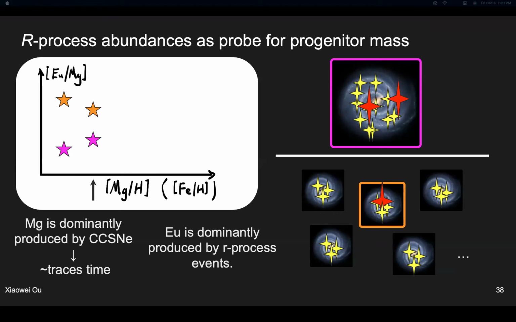But overall, we expect a net increase in europium abundances for the more massive case. As for the lower mass system, it only had its one neutron star merger for its entire lifetime. So now it's only going to get more core collapse supernovae, and hence, instead of growing, the trend is going down. So here we start to see some interesting and distinctive behavior in the europium evolution in these two cases.